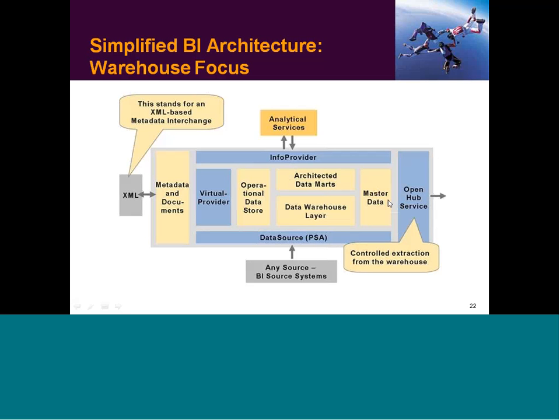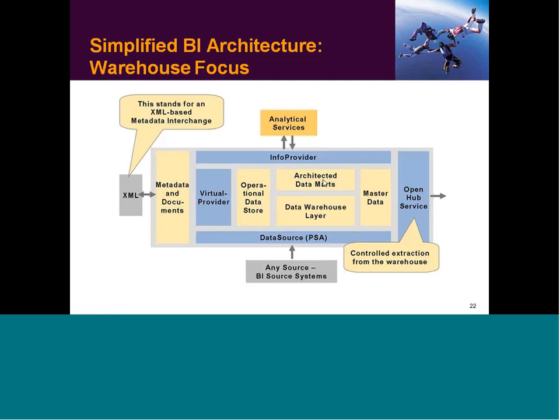In BW, master data is shared across your BW system, reusable master data. Then for summarized reporting, you can store it in the data warehouse layer, where your InfoCube will lie. For detail level reporting, you will use the operational data store. Now you can build an architected data mart for unified reporting.